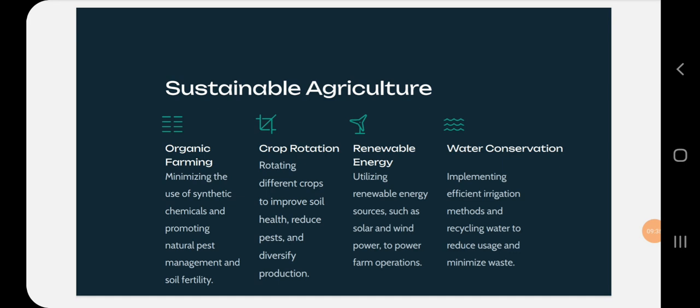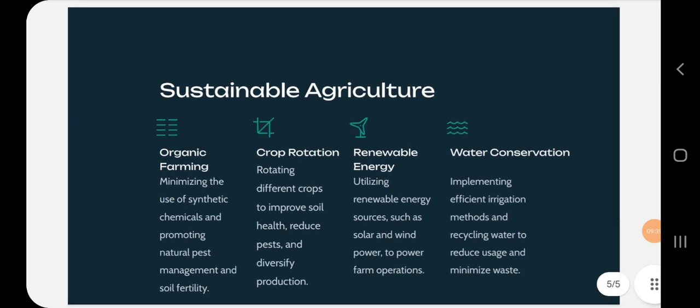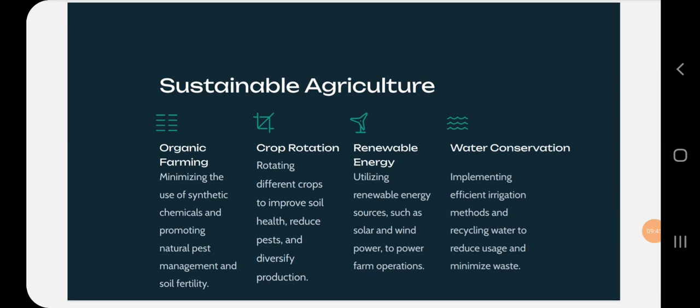Sustainable agriculture. Organic farming. Minimizing the use of synthetic chemicals and promoting natural pest management and soil fertility. Crop rotation. Rotating different crops to improve soil health, reduce pests, and diversify production.